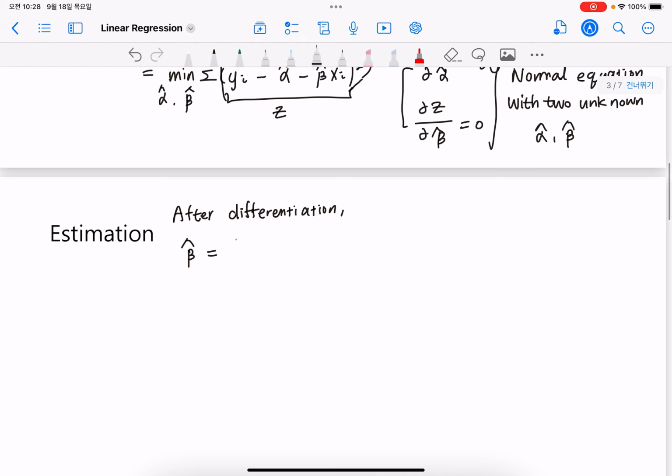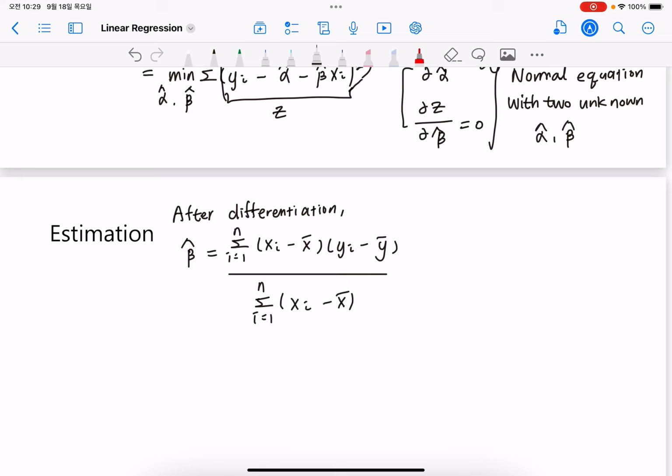So this is going to be the sum of xi minus the x bar, x bar is the average of x, times yi minus y bar, the average of y, divided by the sum running from i equal 1 to n, xi minus the x bar squared.